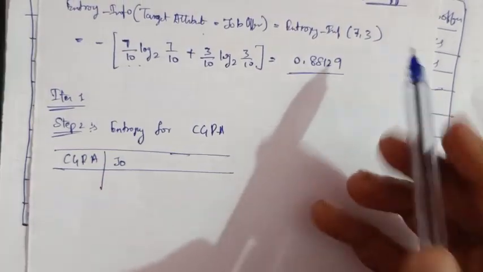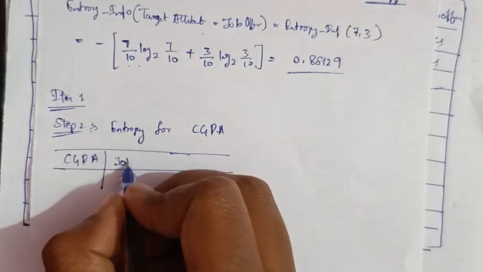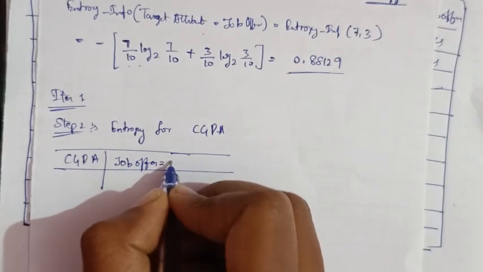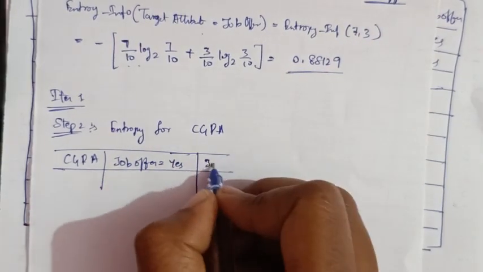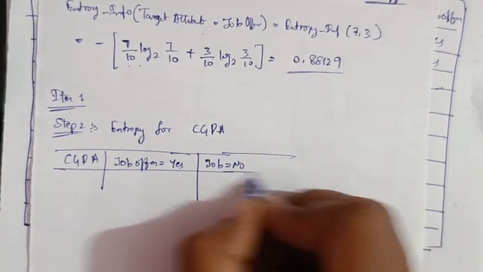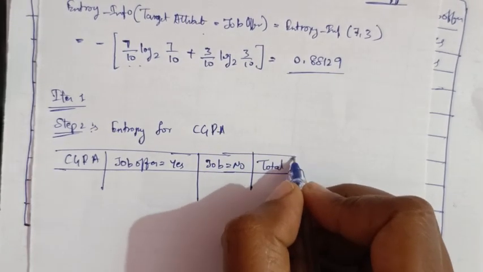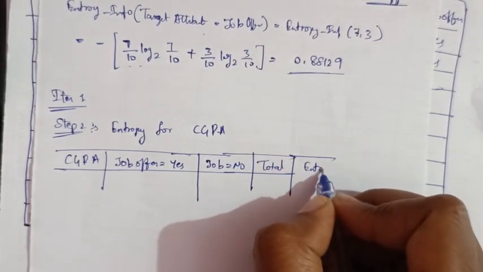As we have the target attribute as job offer, we have to take this, which consists of yes and no, and the total.